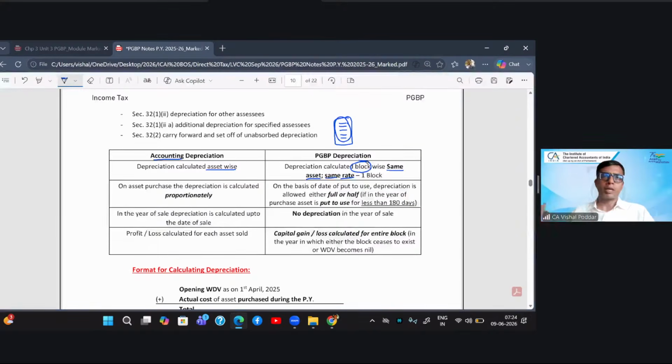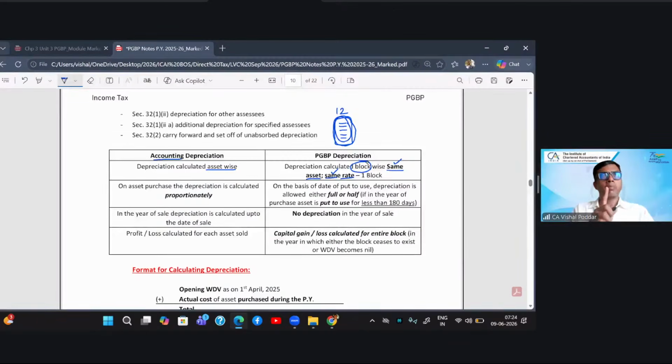Now, when you have multiple buildings, all are the same asset because all are buildings and all have the same depreciation rate of 10%. Then income tax says, why compute the depreciation of each building separately? Let us group them and make them one group, so that we will calculate depreciation for the entire buildings group comprising of, let us say, 12 buildings as on date. So everything will be calculated as one.